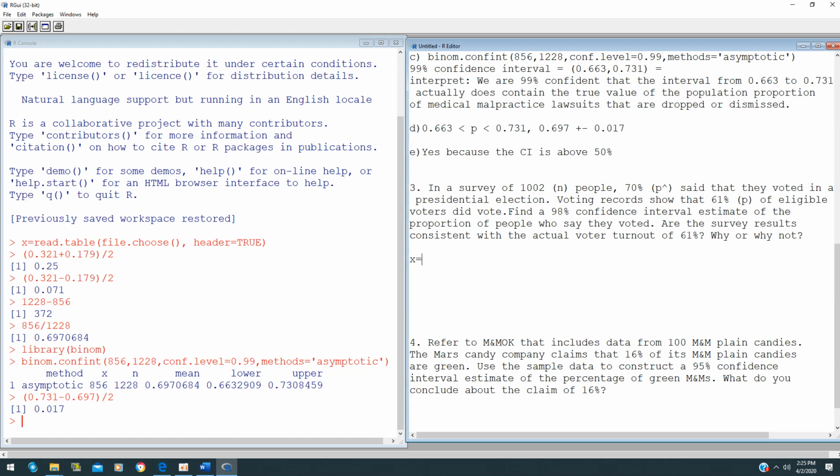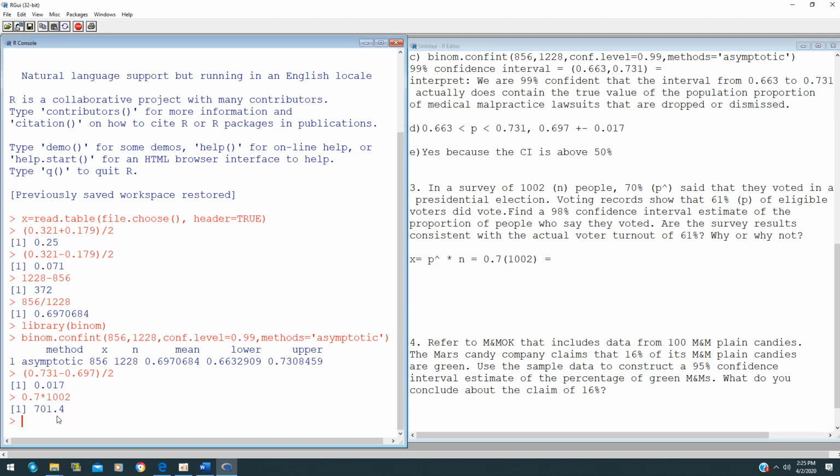So in this case, to find X, it is going to be 70%, your P hat, times your N. So this is how we figure out your X. So 0.7 times 1,002. Again, class, this is for number of people, so you cannot have 0.4 of a person. You have to round this. So actually, your X in this case is 701.